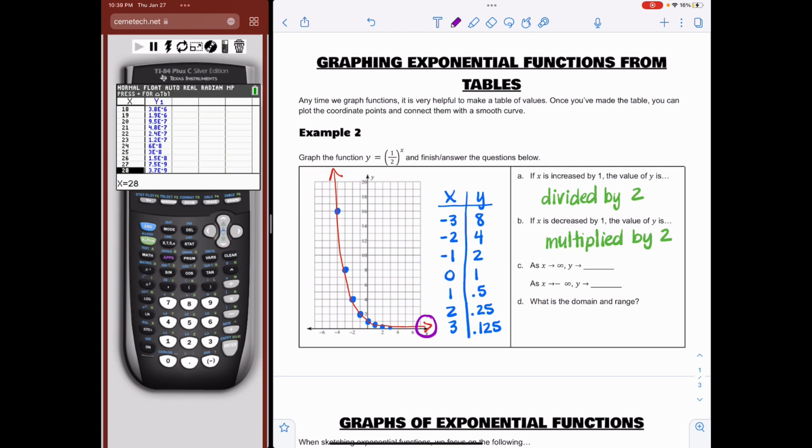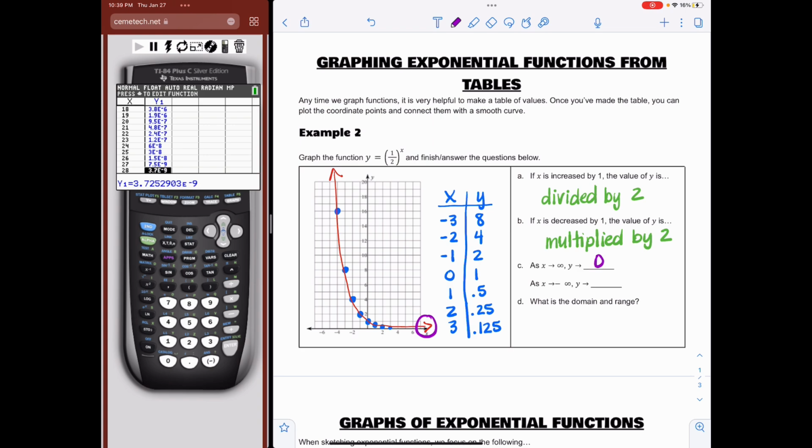If I scroll over, you will see about 3.73 times 10 to the power of -9, which means I'll be moving my decimal back 9 times, so I'm going to have 0.00000000 and then the numbers. That means I'm getting very, very close to 0. So as x approaches positive infinity, y is getting close to 0.